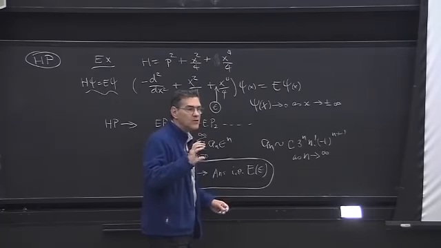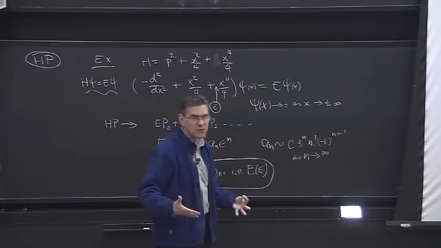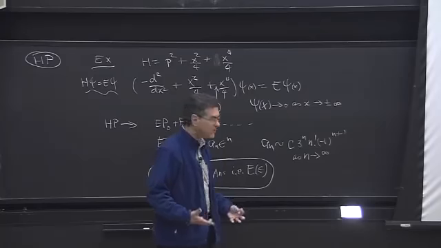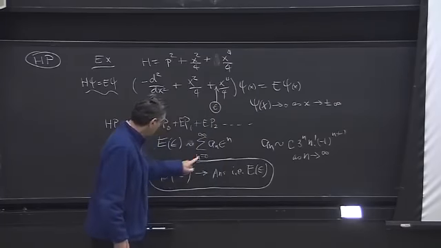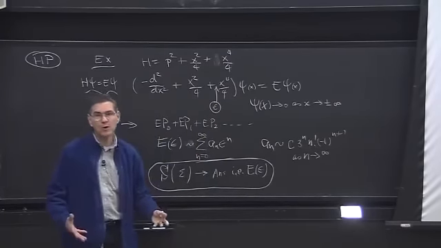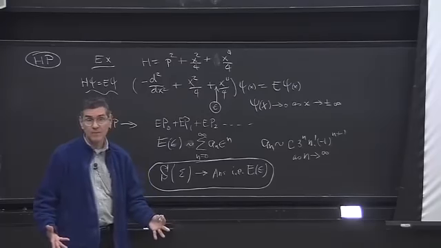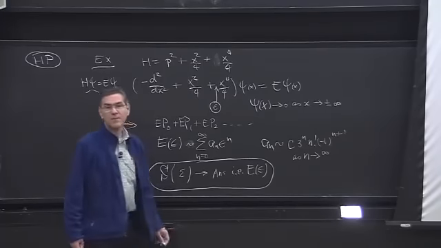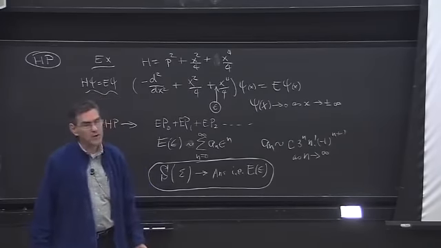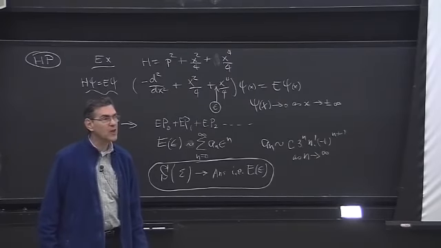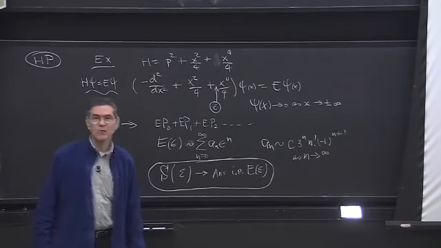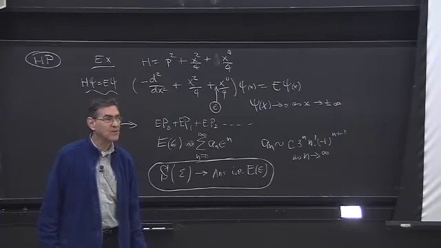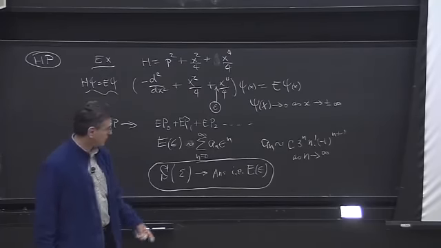you give me some tolerance. You say, I want the answer. I want to know the sum of this series correct to 1 part in 10 to the 10. I go chugga, chugga, chug, and I give you the answer correct to 1 part in 10 to the 10. You say, no, that's not enough. I want it accurate to 1 part in 10 to the 15. I can do that.